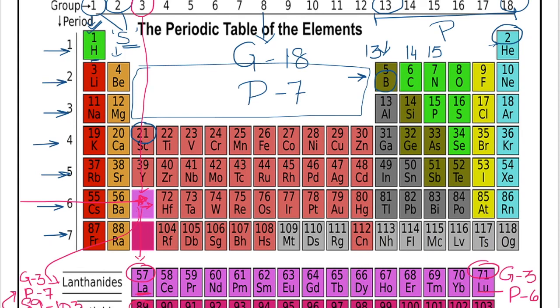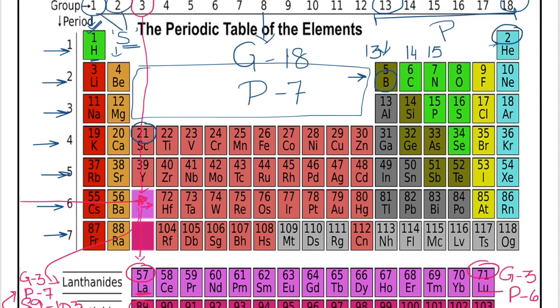The lanthanides have atomic numbers 57 to 71 while the actinides have it from 89 to 103. This is how we have the F block in the middle, or you can say in the D block.